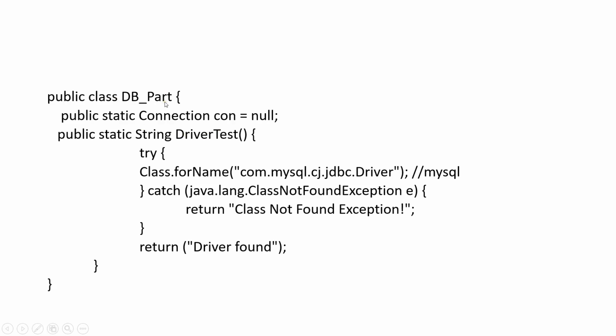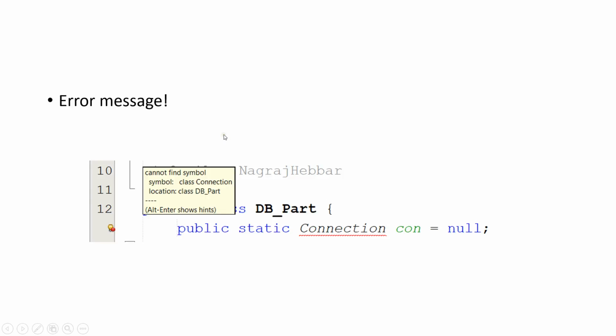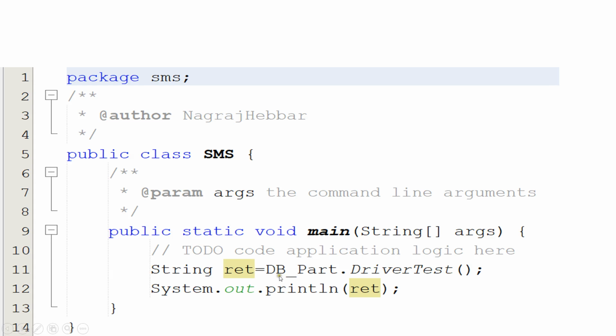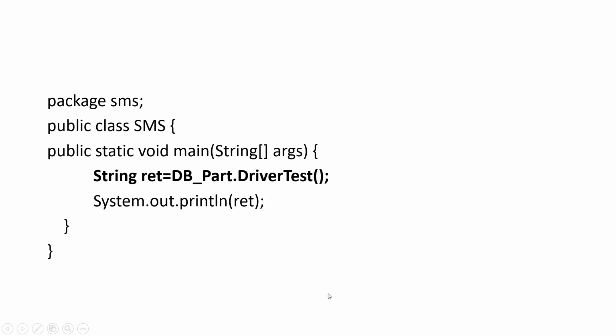That can be done by calling driver test like db underscore part dot driver test. As you can see here, db underscore part dot driver test. This returns a string. It can be driver found or some other error message. Based on that, I'm going to take the decision whether to add the driver if not added, or to go ahead if driver found, that I'm going to display it.